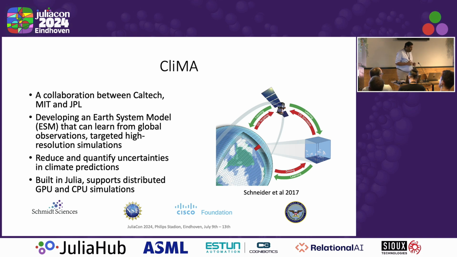So the objective is to update these parameterizations based on global observations and targeted high resolution simulations so that we can produce really accurate climate simulations. Our software stack is built in Julia, and we support distributed GPU and CPU simulations.